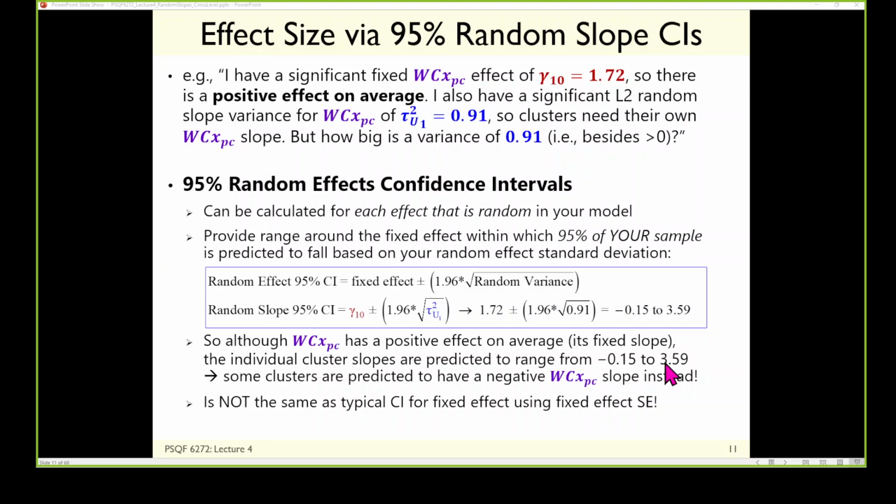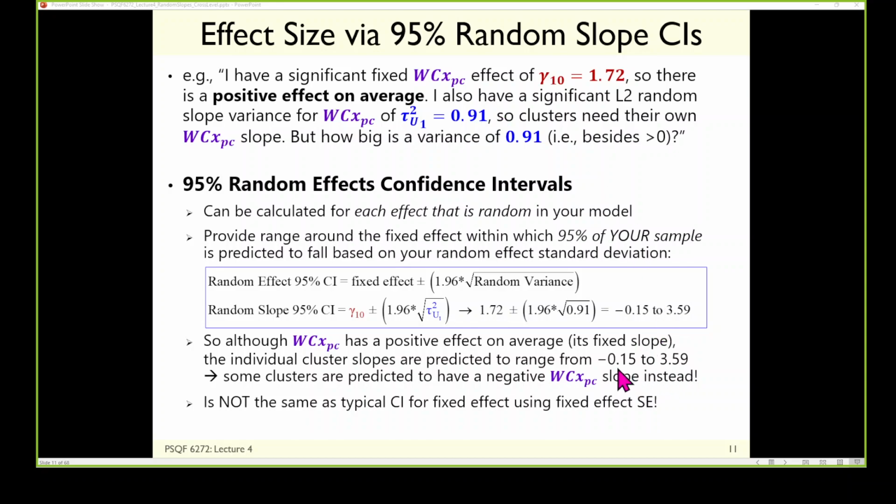If the confidence interval overlaps 0, what do we normally conclude? Not significant. Yeah, not significant, right? That's not what this means. So I have a separate hypothesis test for whether 1.72 is different than 0. Let's say that it is. And a second one for whether 0.91 is greater than 0. Let's say that it is.